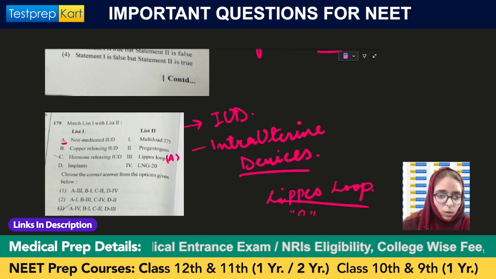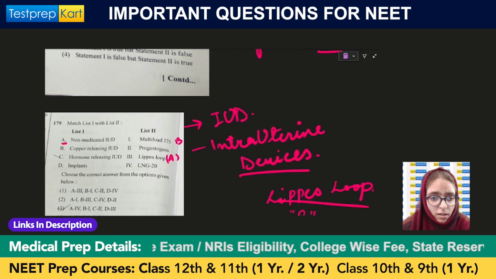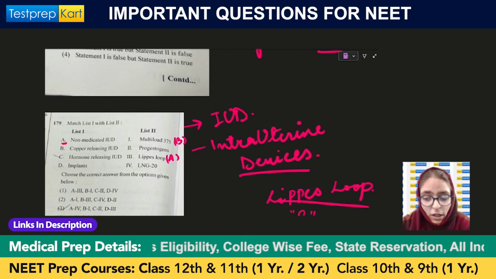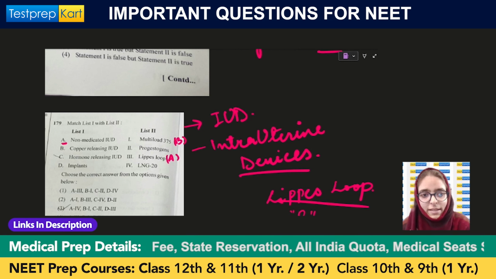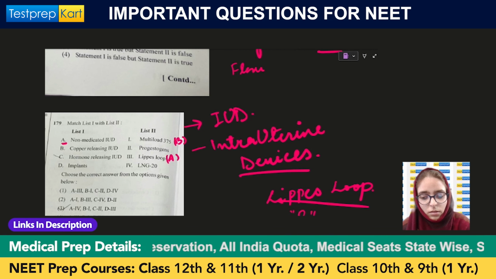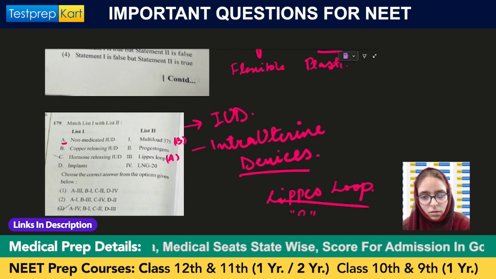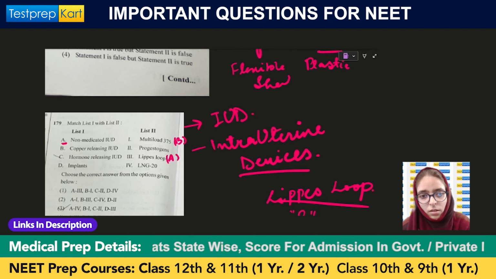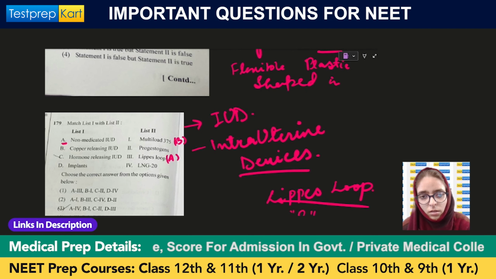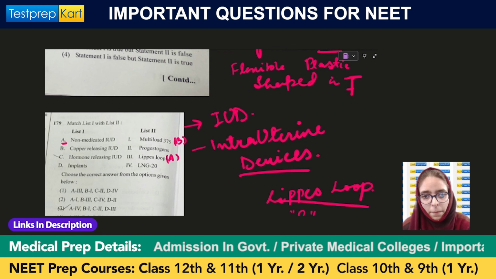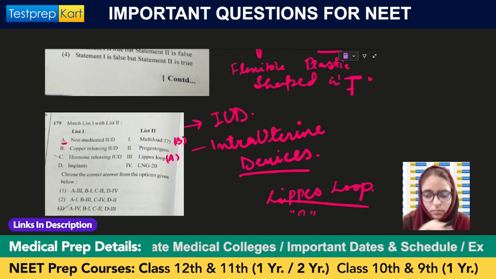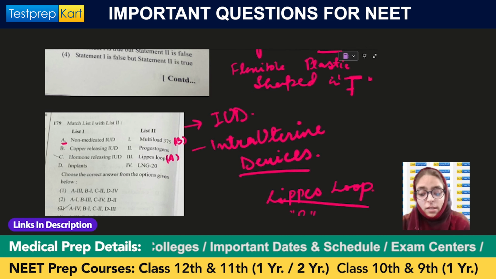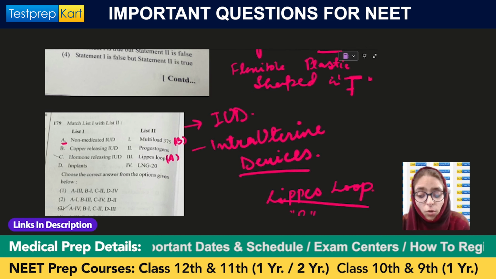Now we have the third one, which is the hormone releasing IUD. A hormone releasing IUD is a small piece of flexible plastic shaped like a T. What is the principle of these hormonal IUDs?